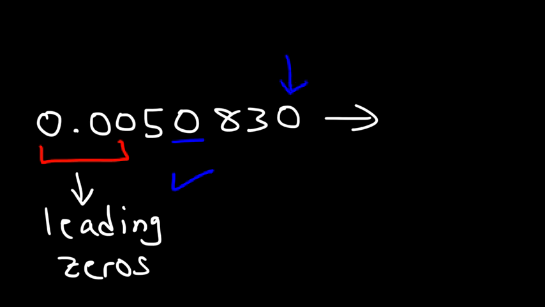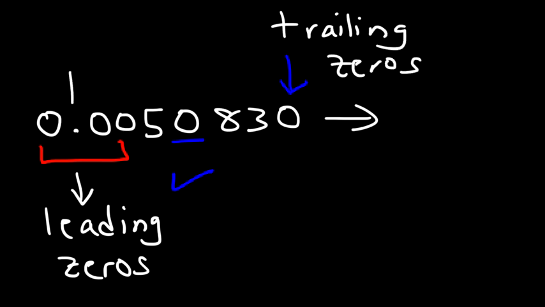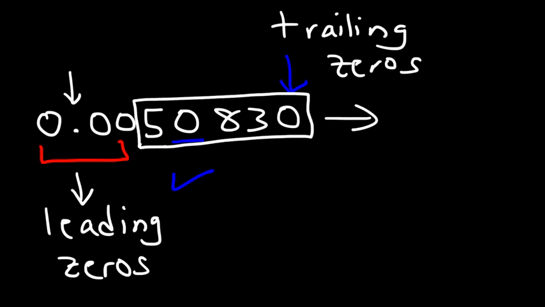And the trailing zeros are only significant if there is a decimal point, which we do have. So therefore, these 5 digits are significant. So we're going to have 5 significant figures.